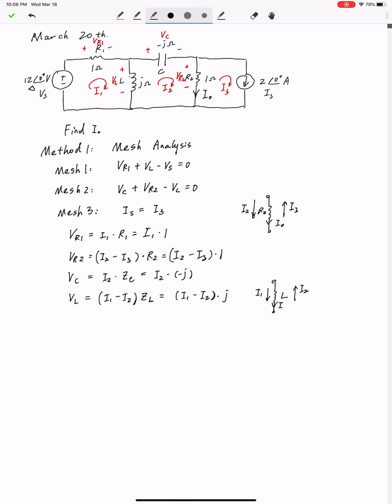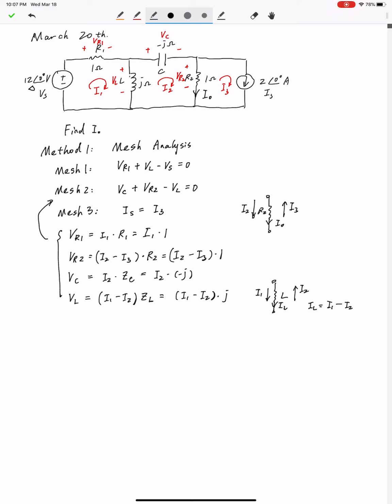That's the overall current flowing direction. So IL is I1 minus I2, and we multiply IL by ZL to get the voltage across the inductor, which is VL.